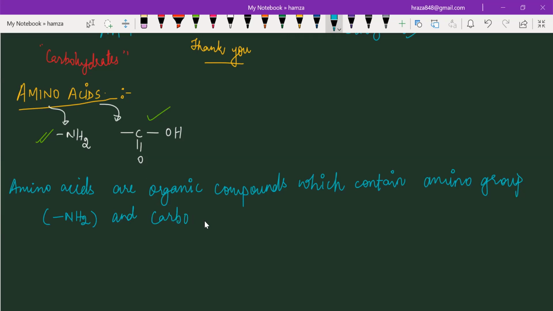An organic compound which contains a carboxyl group, that means carboxylic acid, and an amine group, the amine functional group, is called an amino acid. Is that clear to both of you?